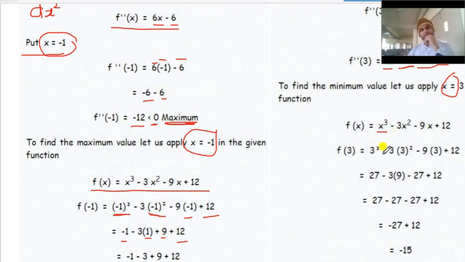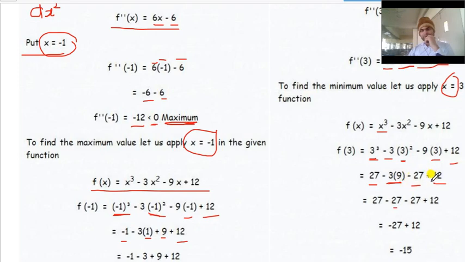x to the power 3, that is 3 to the power 3, minus 3x square means 3 square, minus 9x means 9 into 3, plus 12. 3 to the power 3 means 27, minus 3 into 3 square, square of 3 is 9. 9 into 3, that is 27, plus 12. 9 3s are 27.